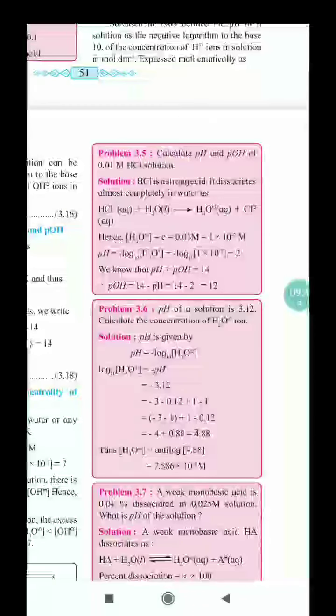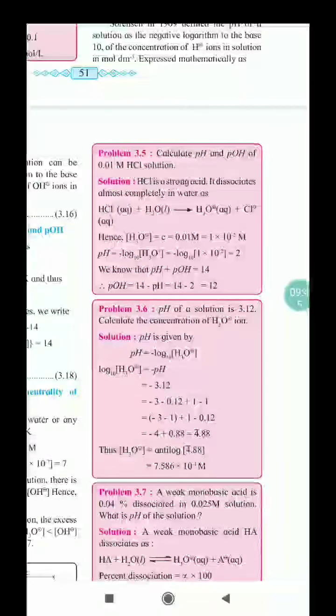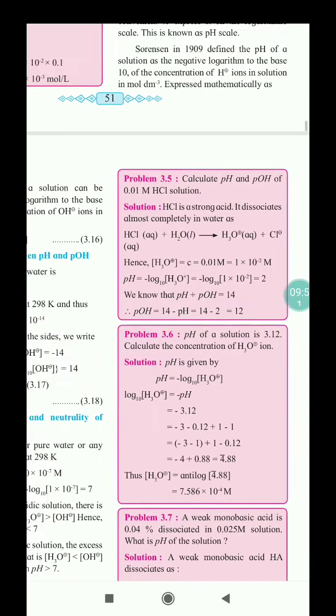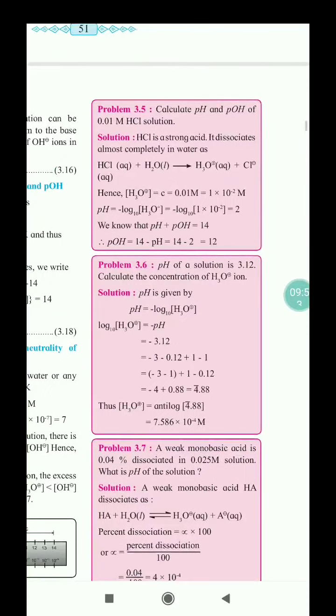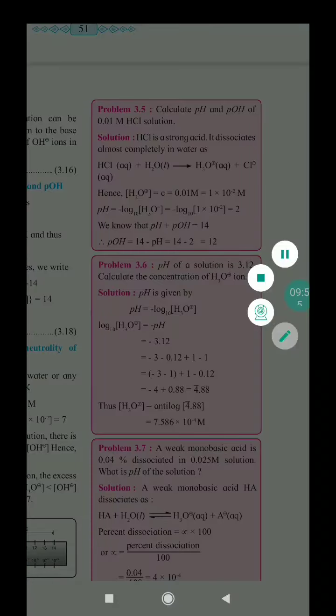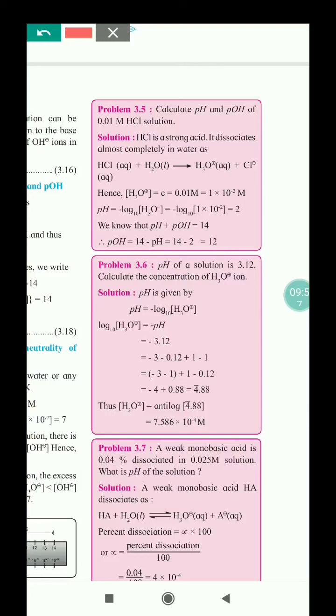So calculate pH and pOH of 0.01 molar HCl solution. As we know, HCl is hydrochloric acid, and here there is 100% dissociation. So HCl plus H2O gives hydronium ion plus Cl negative. So the concentration of hydronium ion is equal to the concentration of HCl.